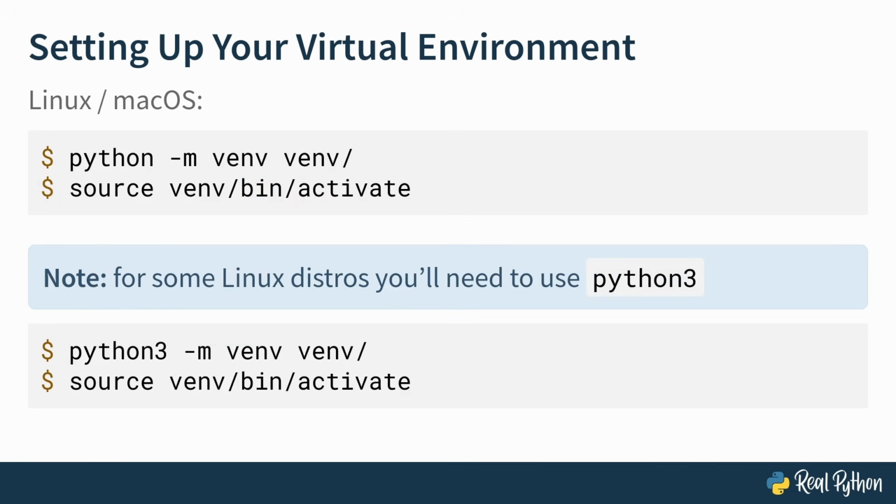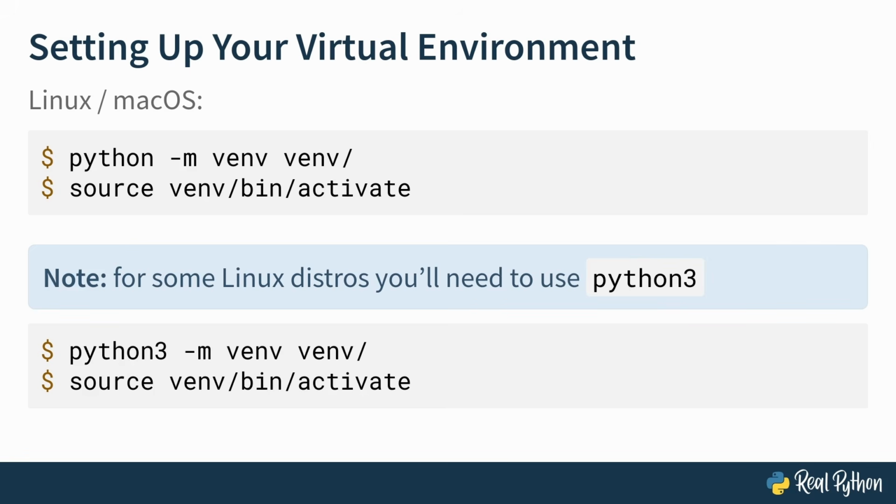Now, the instructions to set up and activate your virtual environment are as shown on the screen. So for Linux and Mac, you use python -m venv venv to create your virtual environment called venv. And then you activate that virtual environment using the instruction source venv/bin/activate, all in lowercase.